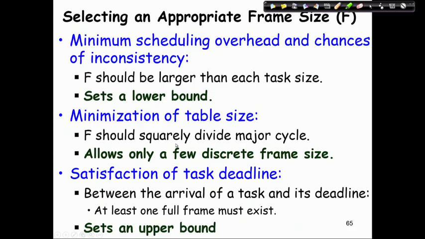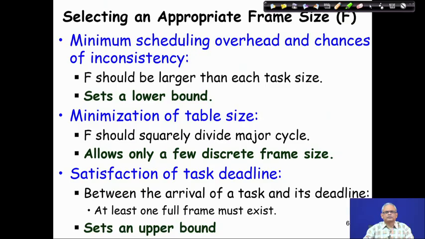If the frame size does not squarely divide the major cycle, then we have to store the schedule for several major cycles. If the frame squarely divides the major cycle, then after the major cycle the same task sequence will repeat. So, we need to store only the task schedule for one major cycle.